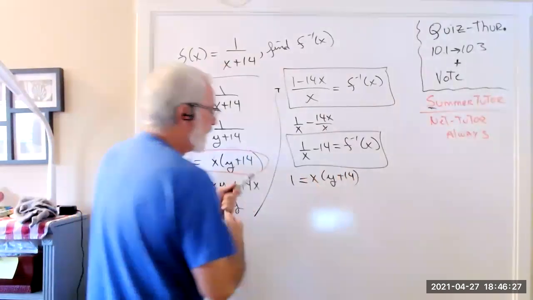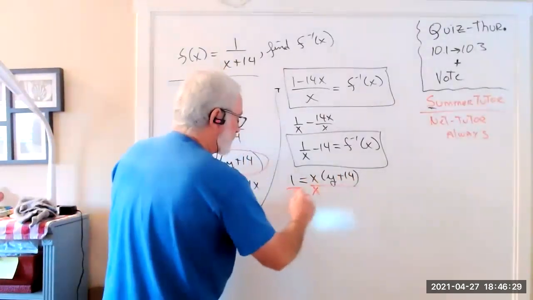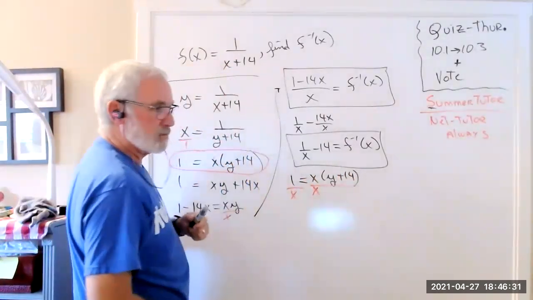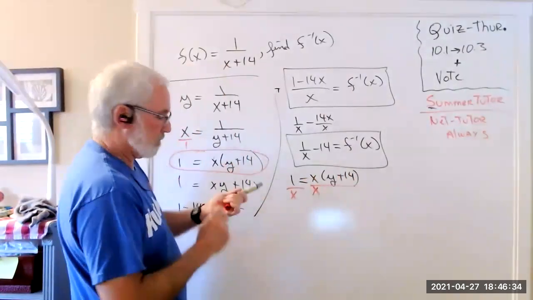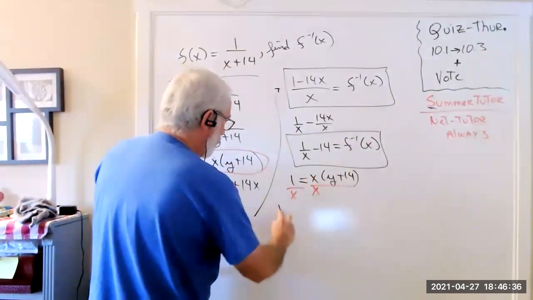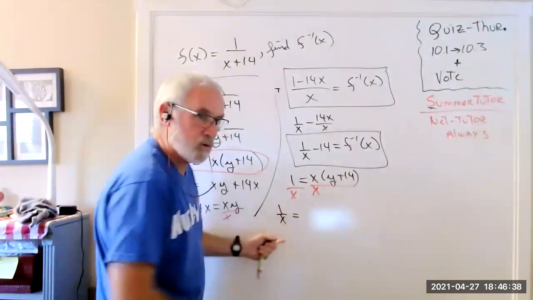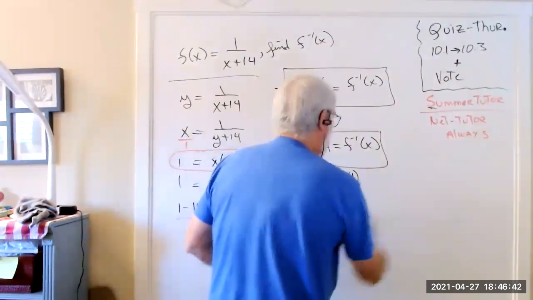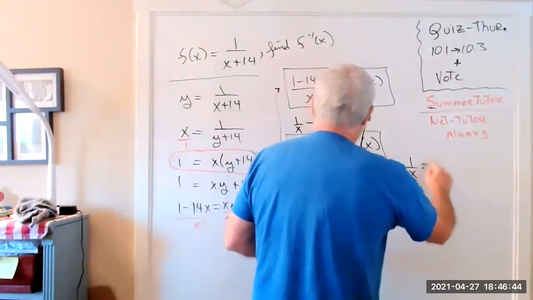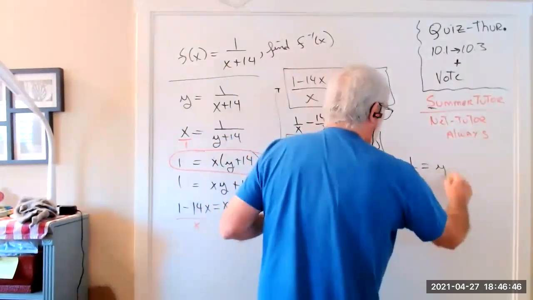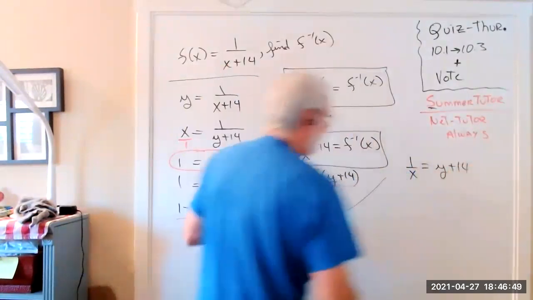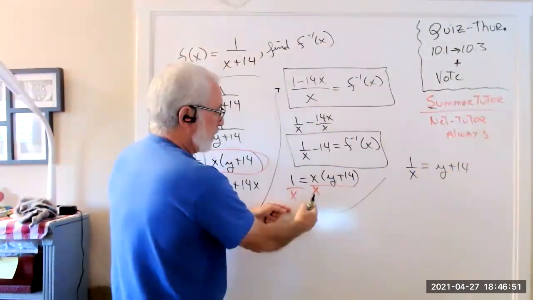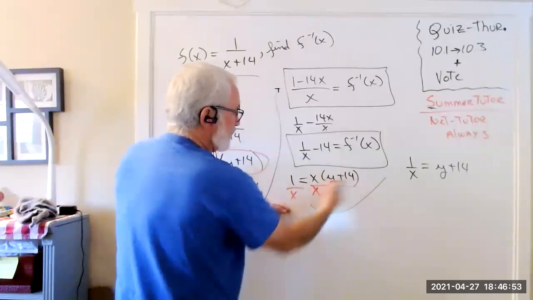What if I divide both sides by x? That's going to give me 1 over x equals y plus 14, because I got rid of the x, so there's no reason for parentheses any longer.